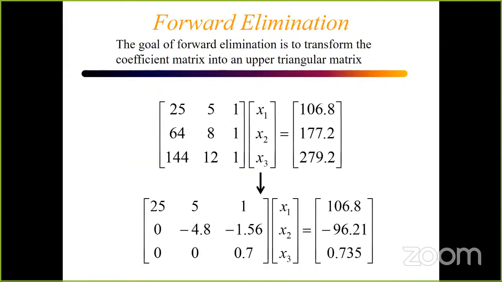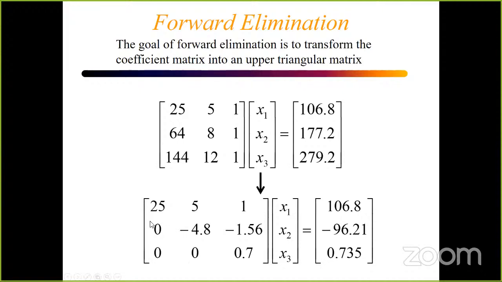The goal of forward elimination is to transform the coefficients of the matrix into an upper triangular matrix. Above the principal diagonal elements, the elements should have values. Below that, zeros.